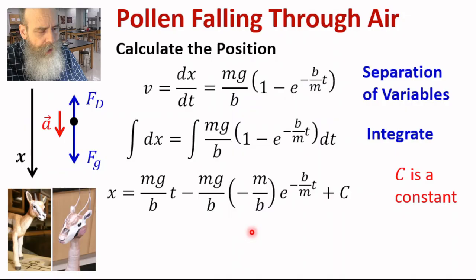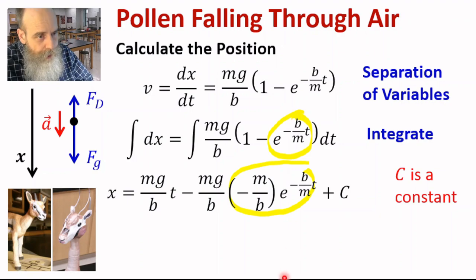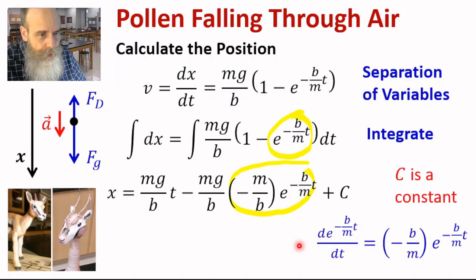If we differentiate the result of an integral, we must get what's inside the integral. So if we differentiate this, we must get this. If that is true, then this is the solution of the integral. Let's look at this. d e to negative b over mt by dt is negative b over m times e to negative b over mt. So each time we differentiate this exponential function, we get a factor of negative b over m coming in front.